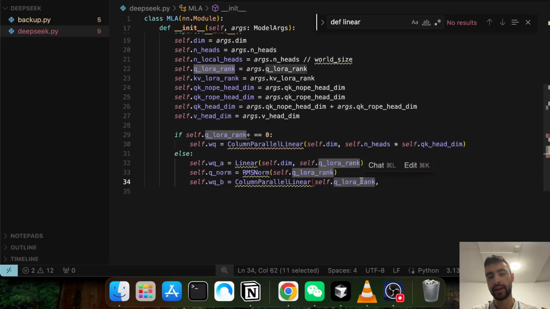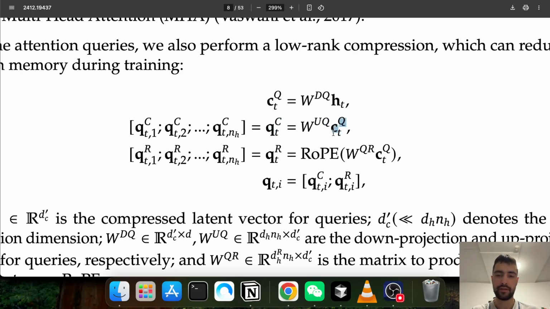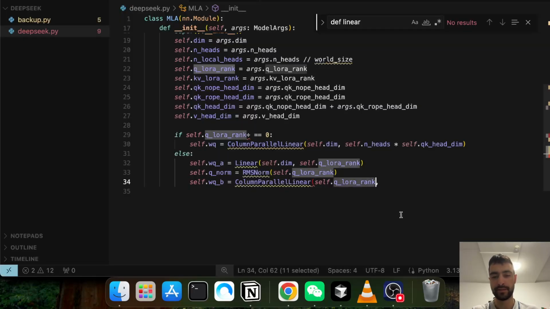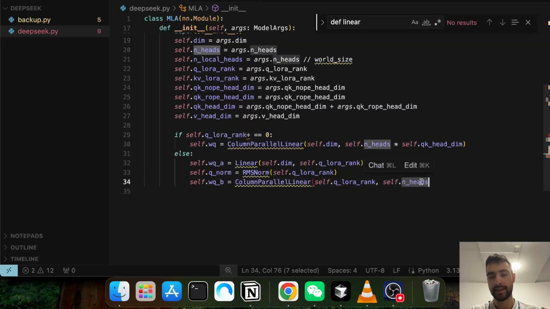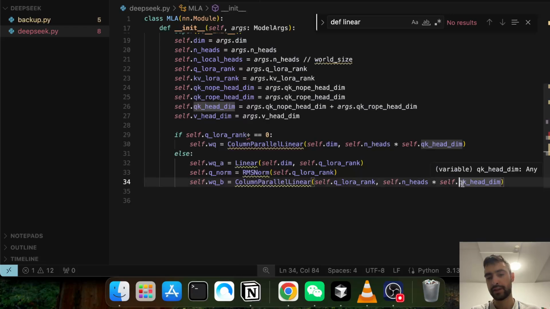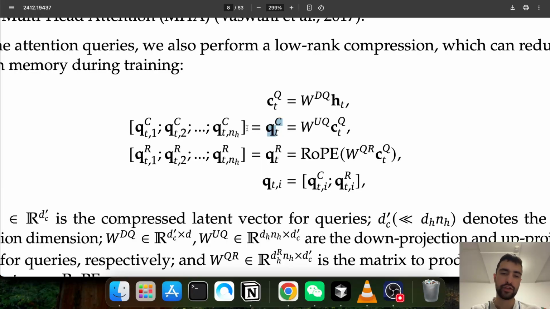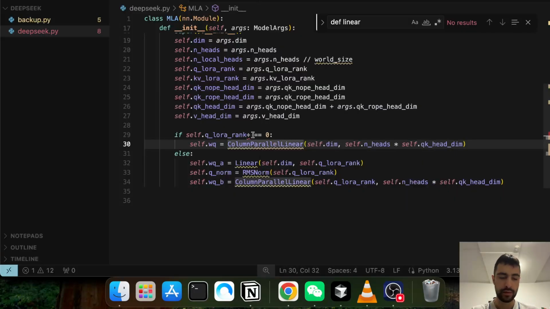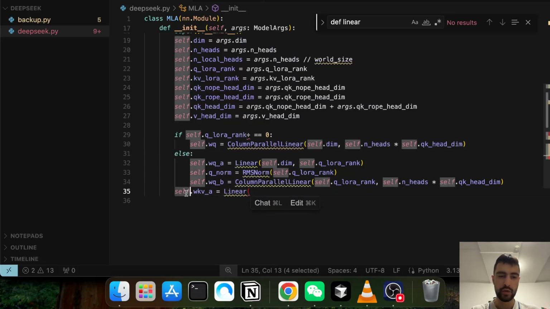Self Q LoRa rank. So this is the rank of this guy. And we will upscale that into the rank of this guy, which is going to be number of heads times dimension per each head. So this is query key head dimension. So the rank of this guy will be number of heads times dimension per each head. As I said, each head is a smaller vector.